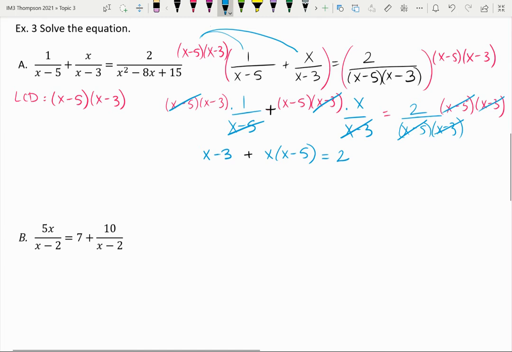I'm going to work through and multiply and simplify the left-hand side. This time I have a quadratic instead of a linear equation, so it's going to take a bit more work. So when I distribute the x, I have x squared minus 5x.